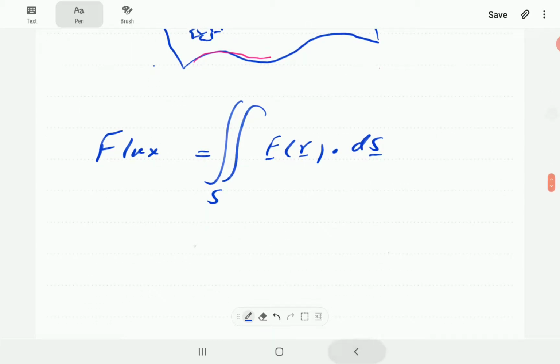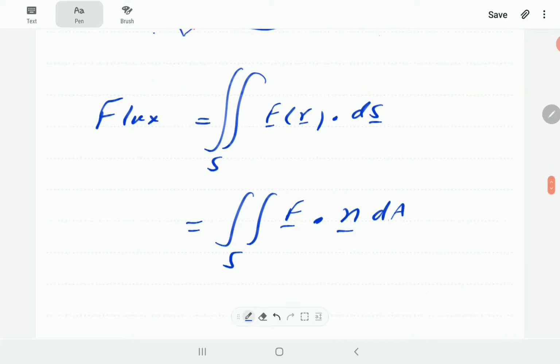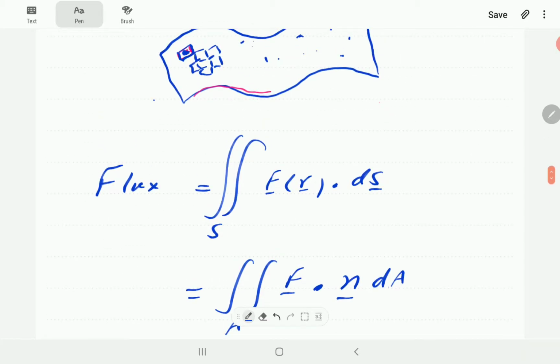Remember, the surface we are going to express in terms of the normal. So we're going to have the normal vector here, and then dA, which is simply the magnitude of the differential surface element here.